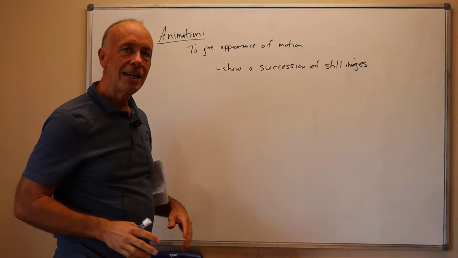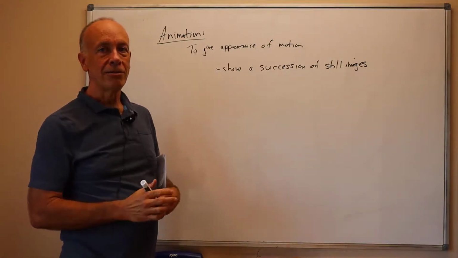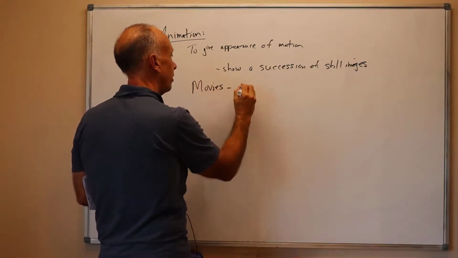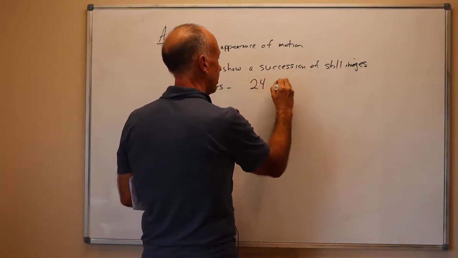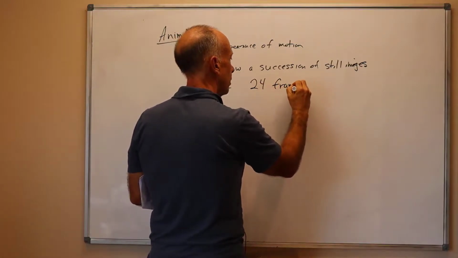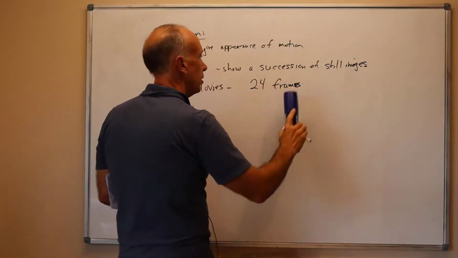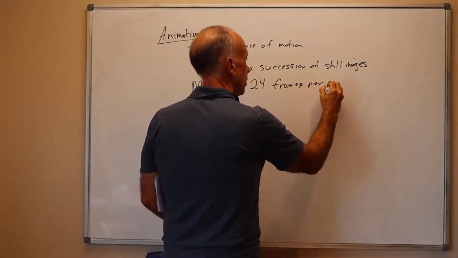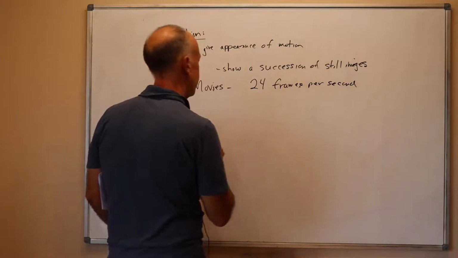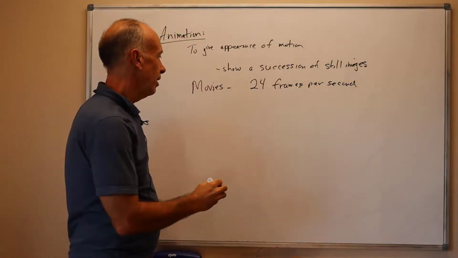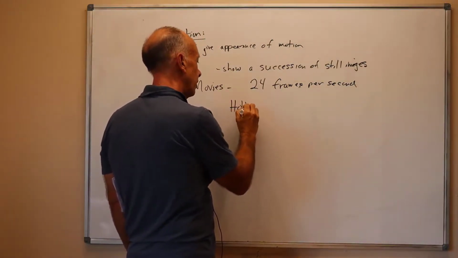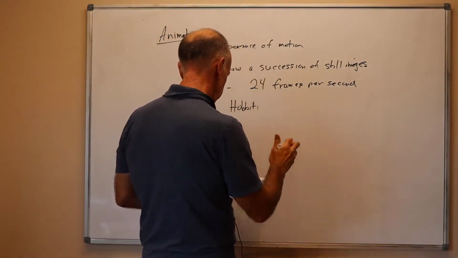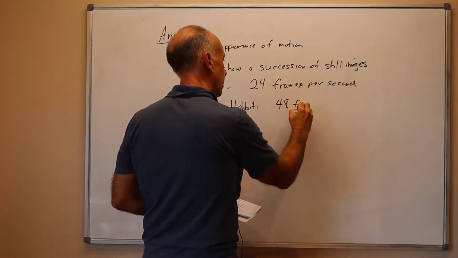But in fact, this is the same principle that's used in movies. So movies traditionally had 24 frames per second. Digital movies now have flexibility of more frames. Like the Hobbit movie had 48 frames per second, sorry.